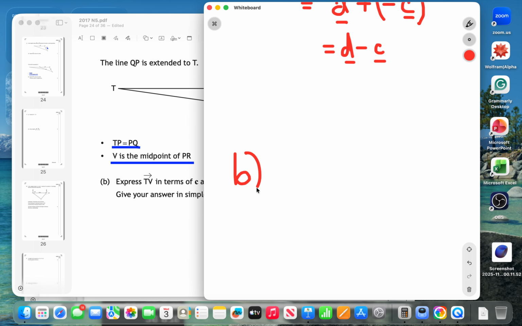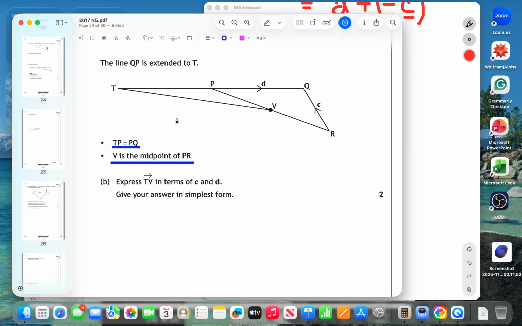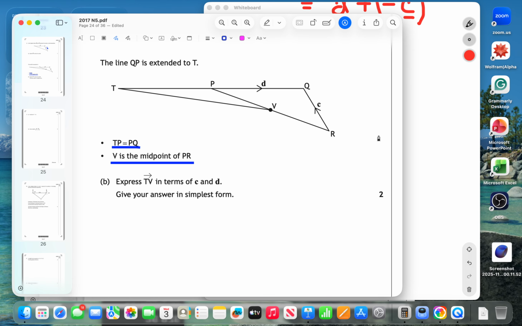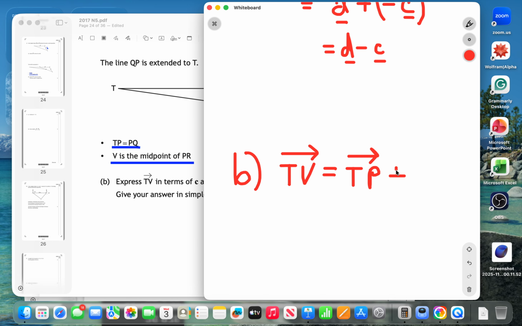So TV and the arrow going this way means it's going from T towards V. So TV is TP, that is T going in the direction of P, and P going to V in that direction.